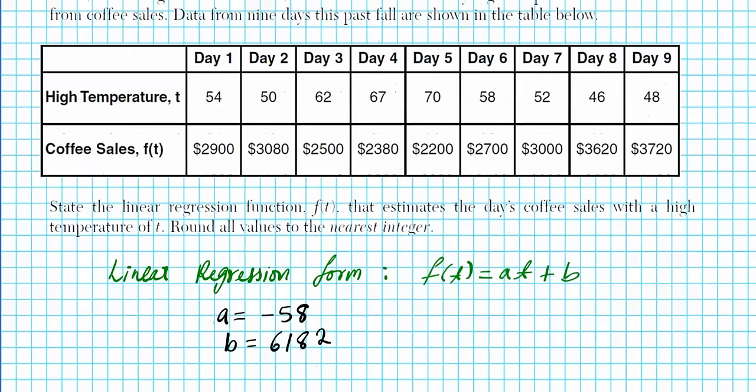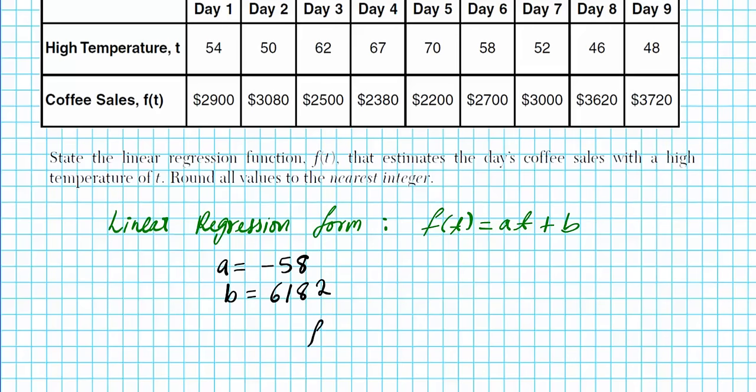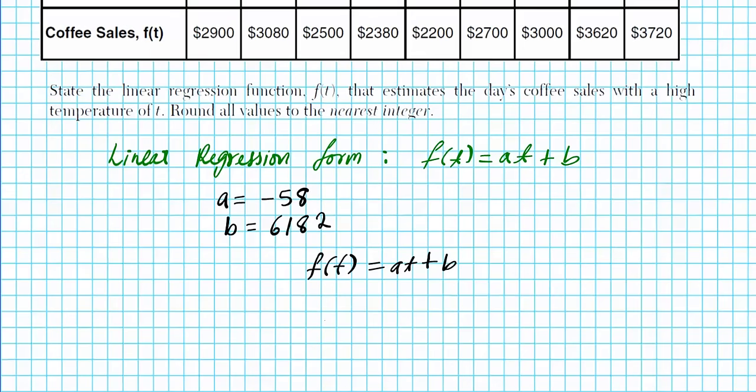Okay, so our linear regression function is of the form at plus b. So all we'll do is plug in a and b into this function, and then our final answer will be f of t equals negative 58t plus 6,182. There goes your linear regression function.